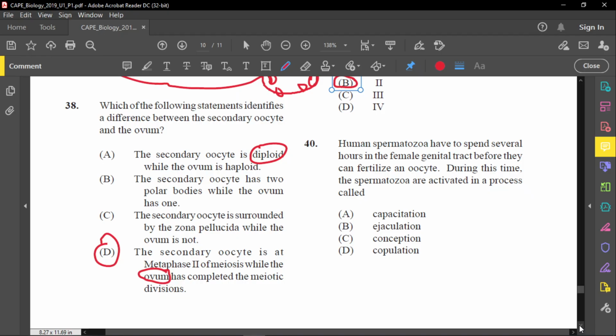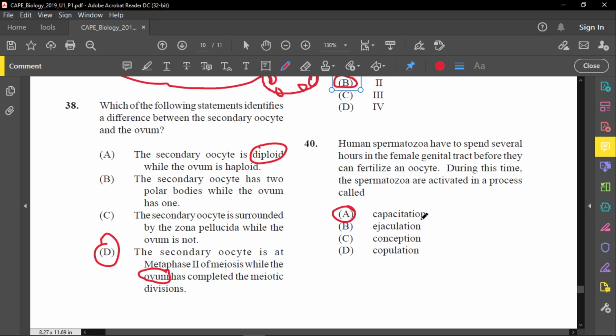What will happen here is that the sperms will actually change so they can now penetrate the egg itself to cause fertilization. That change in the sperm itself is called capacitation. So this is a process that is taking place right here.